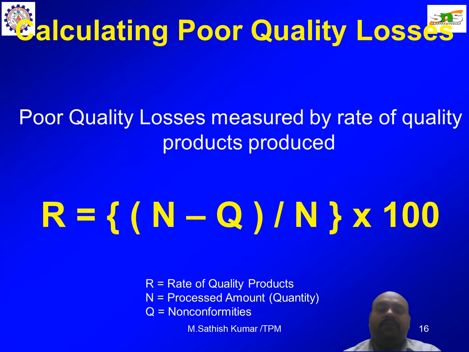Next comes poor quality loss, measured by the rate of quality products produced. It is the difference between processed amount and non-conformities, divided by processed amount, multiplied by 100.